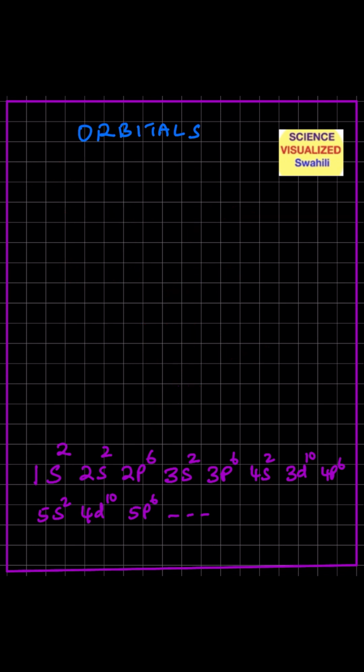Now this information can be used to write what we call electron configuration or electronic configuration, which means you arrange the electrons following this order here. So for example, sodium has 11 electrons. Then you arrange them where you start with 1s2, so that's 2 electrons, you're remaining with 9.